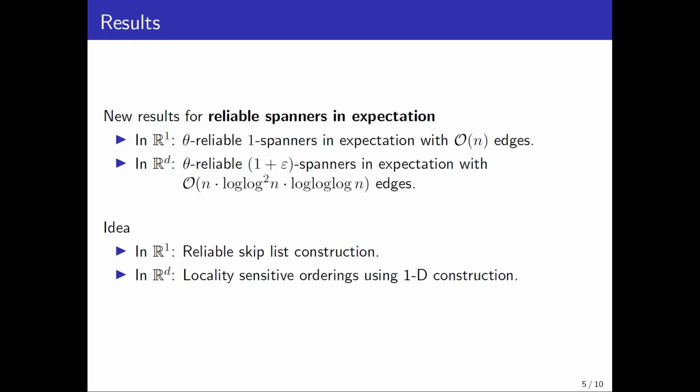And for the higher dimensional case we were also able to bypass the n log n lower bound, but we have some extra double and triple logarithmic factors, so that's what we meant by the almost linear size in the title. The idea for the 1D construction is essentially a reliable skip list, and for the higher dimensional setting we use a very nice result called locally sensitive orderings along with our one-dimensional construction. So let's see the 1D construction first.